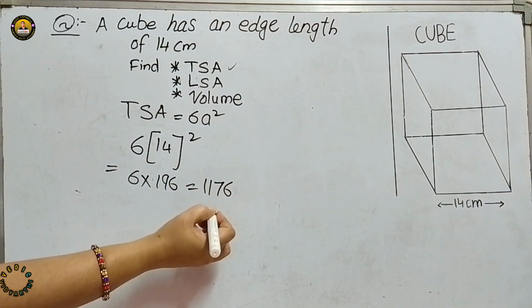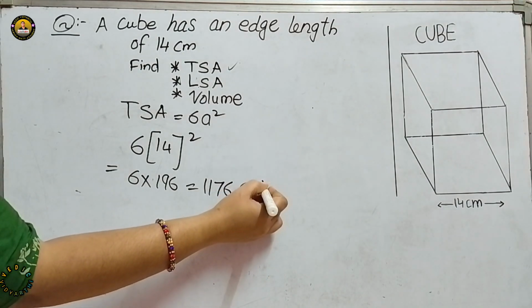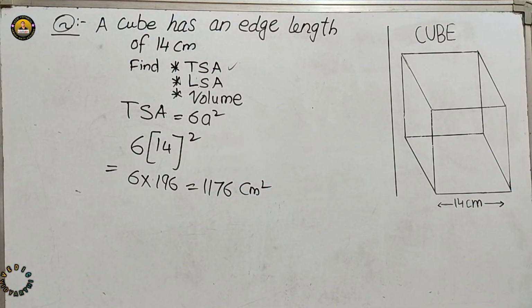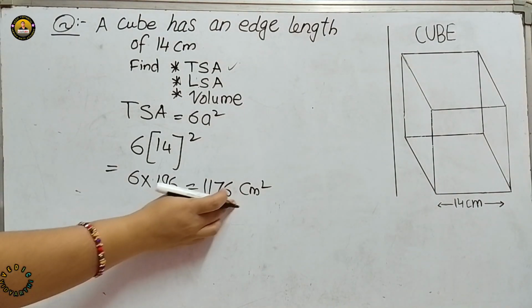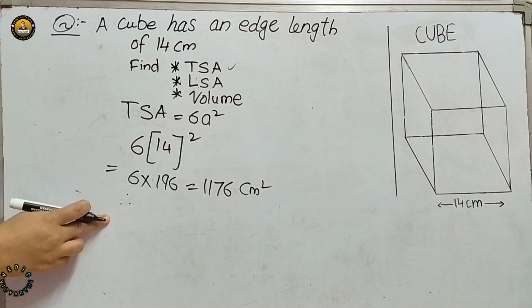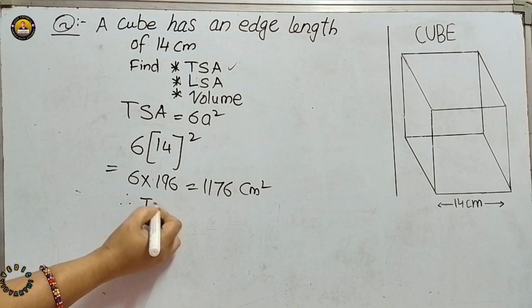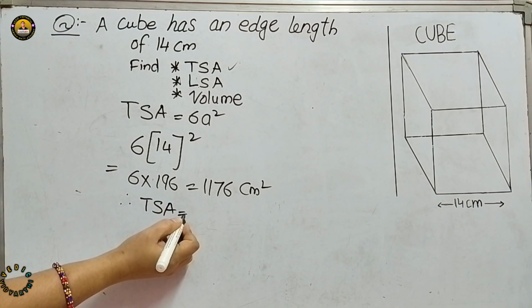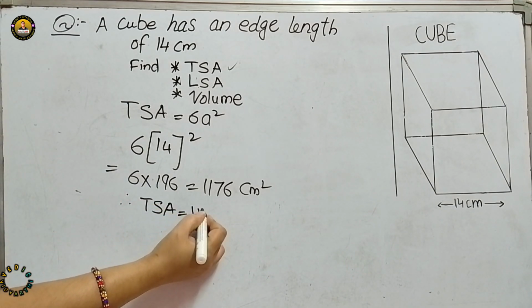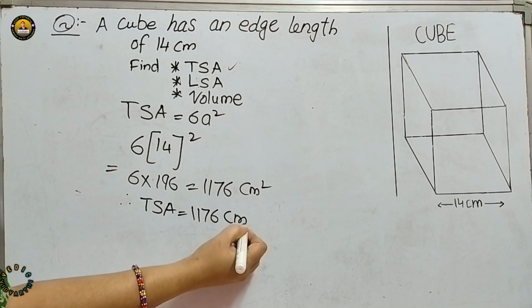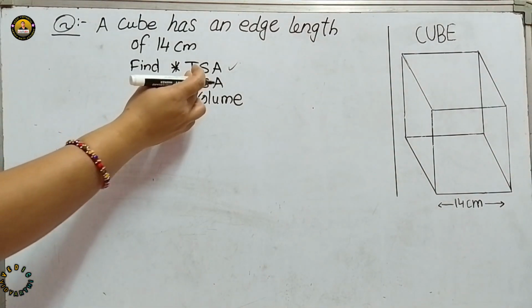When we multiply 6 into 196, we get 1176 centimeter square. Therefore, TSA equals 1176 centimeter square. So we finished TSA.